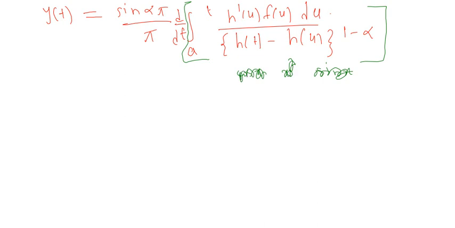What were the conditions? It should be strictly monotonically increasing, and h dash of t should not be equal to 0 in the region of integration, as well as it should be a differentiable function. Okay.